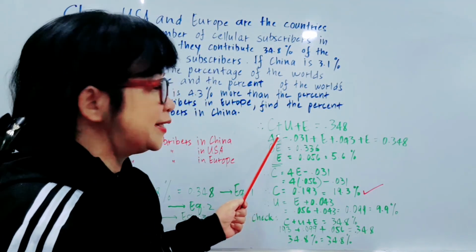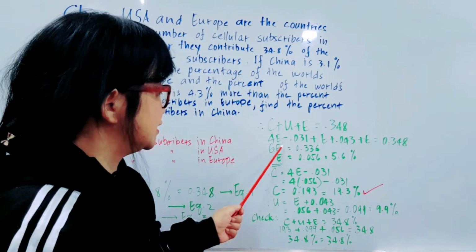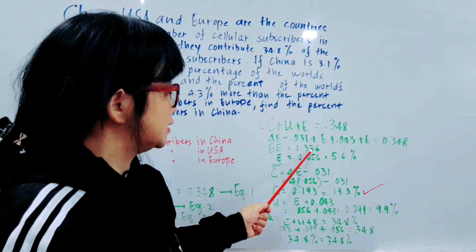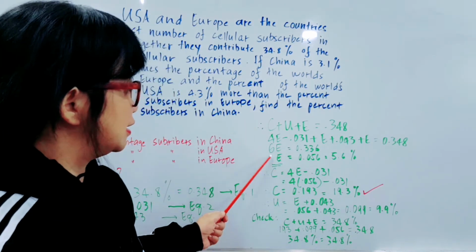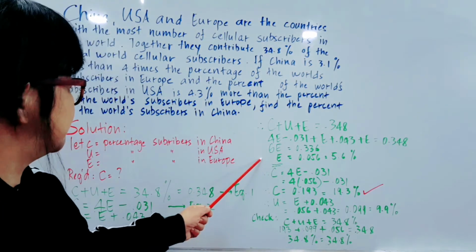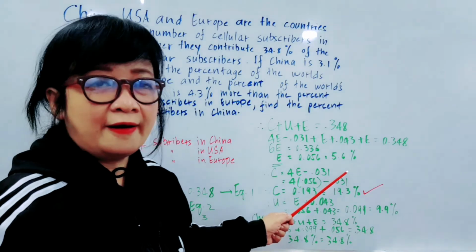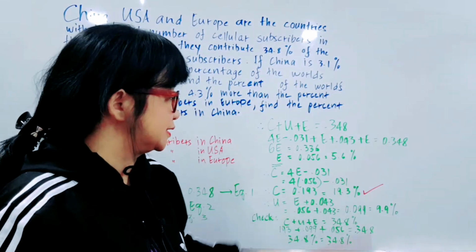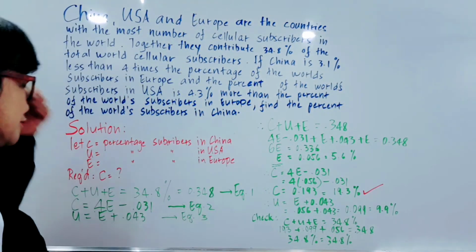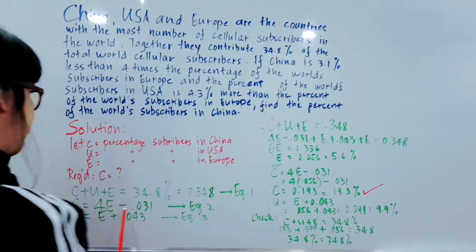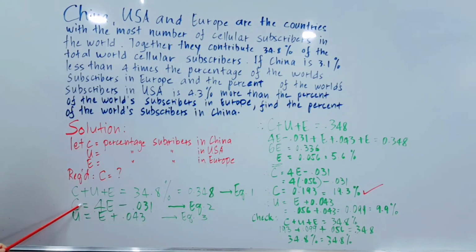Combining like terms, 6E therefore is equal to 0.336. Therefore, E, the percentage of subscriber in Europe is equal to 0.056 or 5.6%. Now, dito, meron na tayong value ng E, masolve na natin ang sa China.